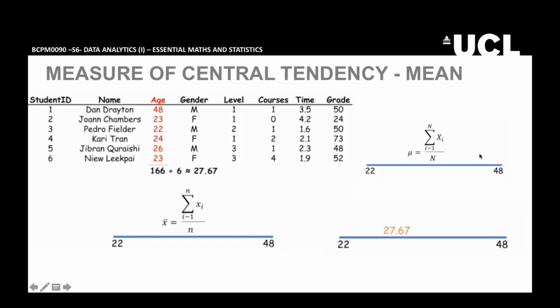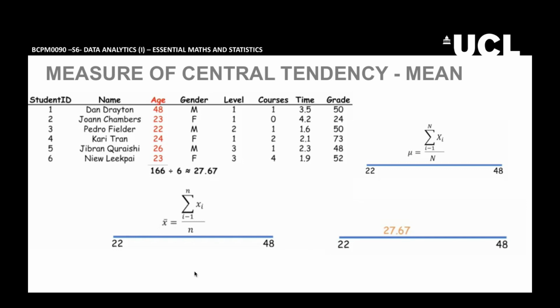Here you have the formula for calculating the mean for a full population of data. And note that in that case we are representing the mean with the Greek letter mu. However, we are dealing here with a sample of the data, not the whole population. So we write it like this, and we call the mean x bar.